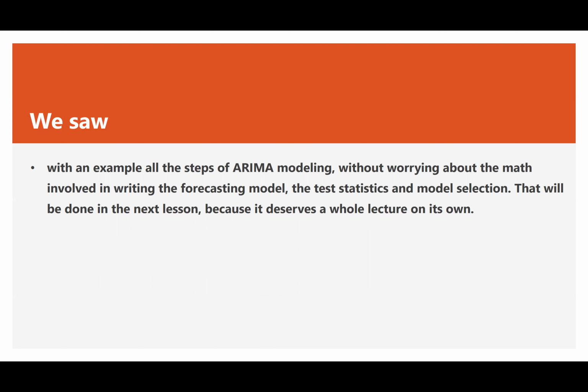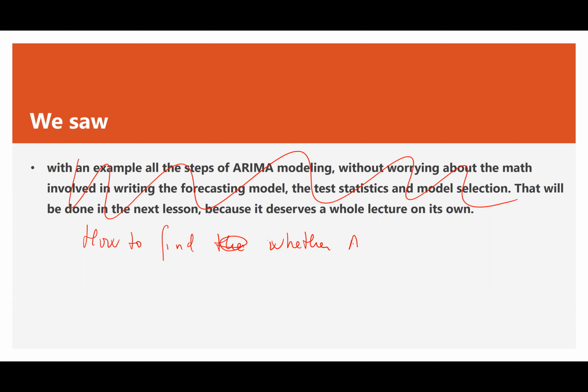So we saw with an example all the steps of ARIMA modeling. Actually, this will be incorrect. So what we saw, sorry about that, is how to find whether the AR model is stationary and whether an MA model is invertible.